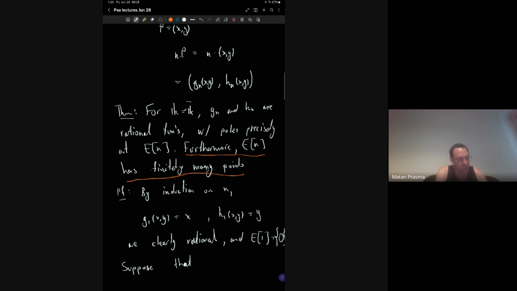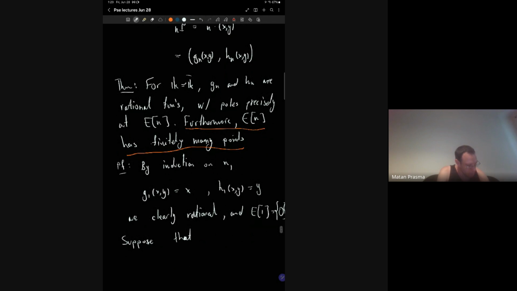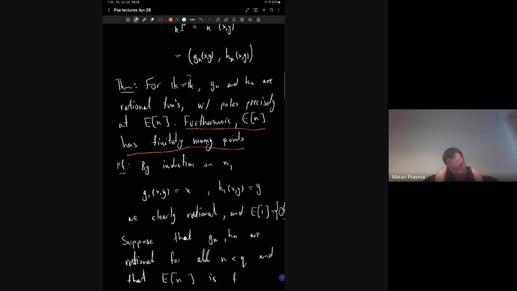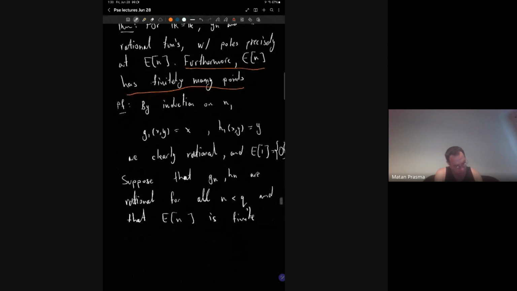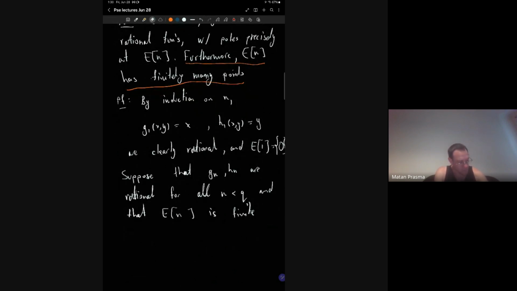There is only one point that if you multiply it by 1, you get O. So suppose that Gn, Hn are rational for all n smaller than q, and that En is finite, I guess this also for all n.